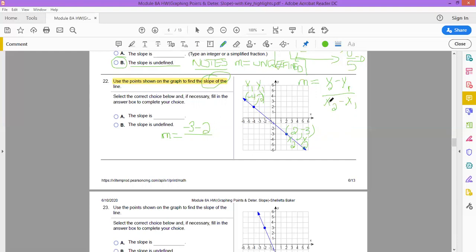In the denominator, our x sub 2 minus x sub 1, x sub 2 is 2, minus x sub 1 is -4. Let's simplify here. In the numerator, -3 minus 2 gives us -5. In the denominator, 2 minus -4. Remember, those two negatives side by side mean addition, so this will be 2 plus 4, or 6. Our slope is -5/6.